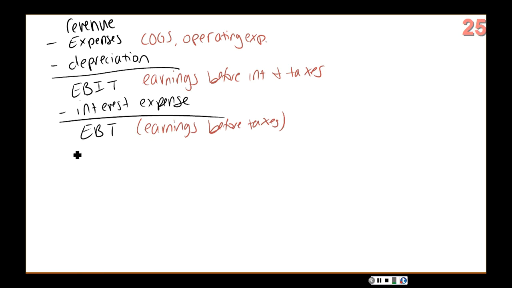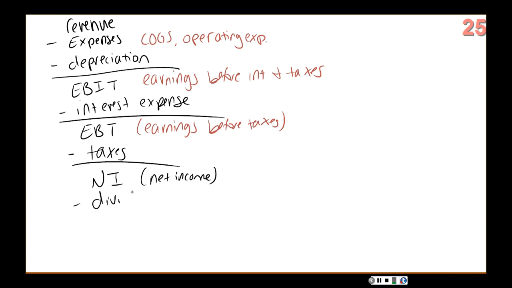From earnings before taxes, you deduct any taxes. This is money that you owe to the government to give you net income. You deduct dividends paid to preferred shareholders.